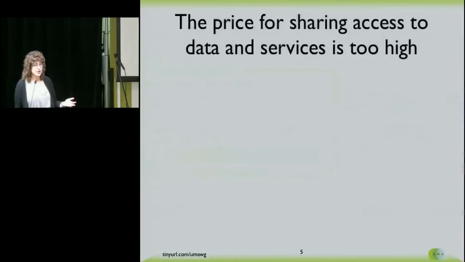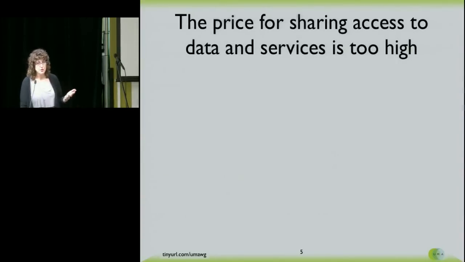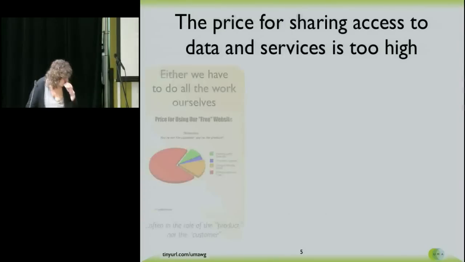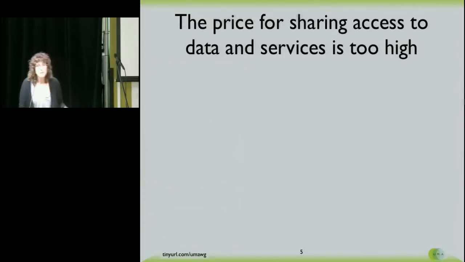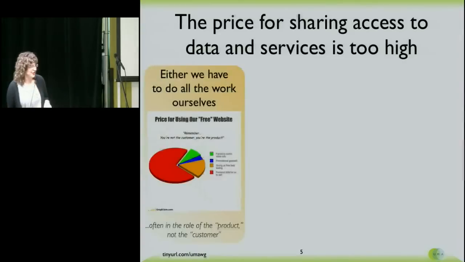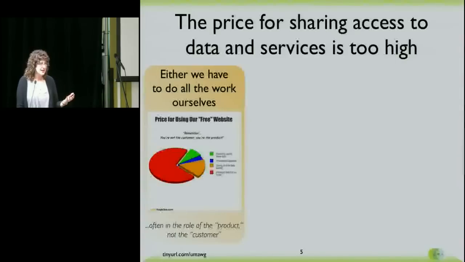So the price for sharing and access is really too high, and there are 3 different problems we see over and over. One problem that we see is that we have to provision a lot of data about ourselves directly into, say, a local account somewhere that we want to set up at some Web 2.0 provider, whatever it is.